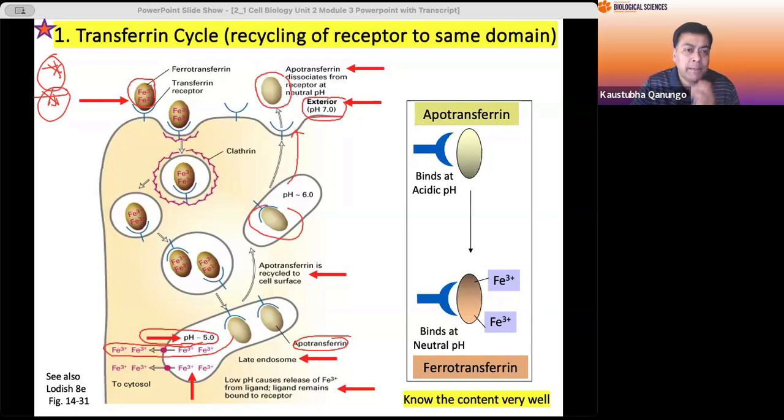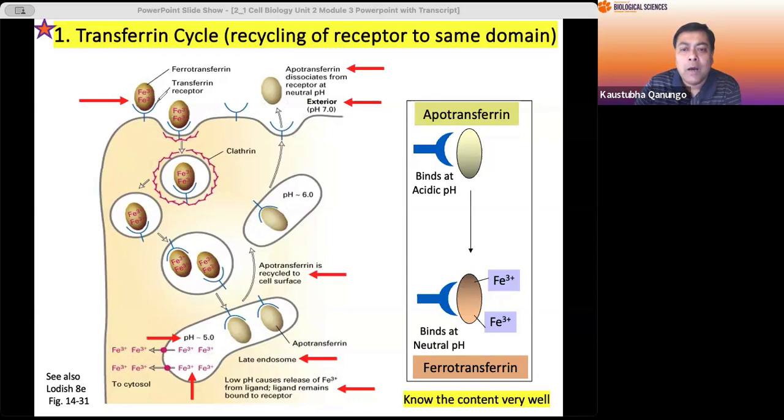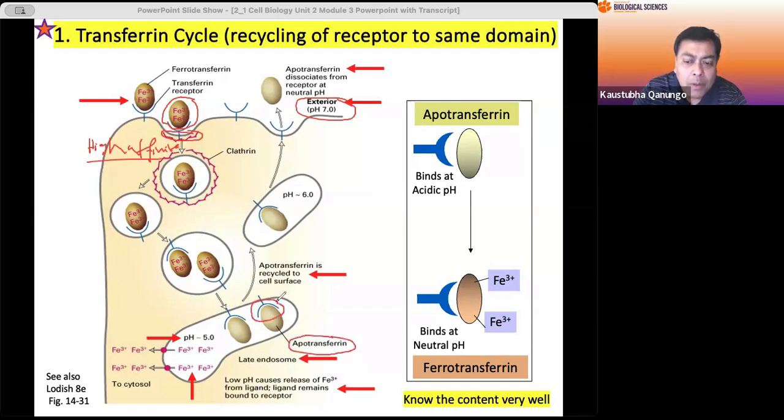So what is important here? The iron-bound ferrotransferrin has a high affinity at neutral pH to the transferrin receptors. On the other hand, the apotransferrin has a high affinity binding at acidic pH.